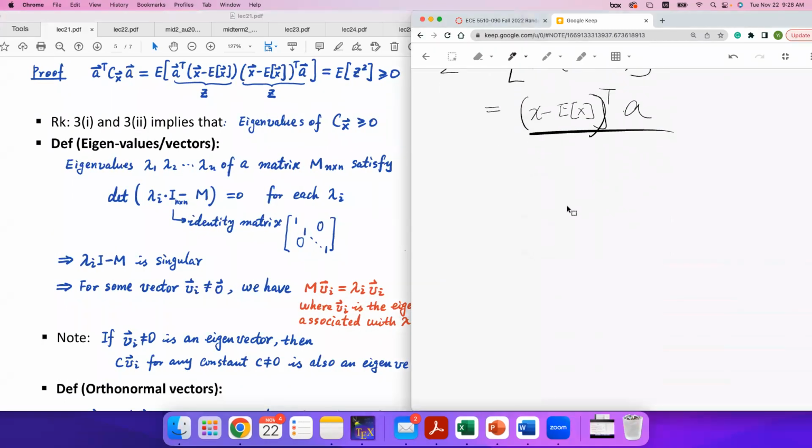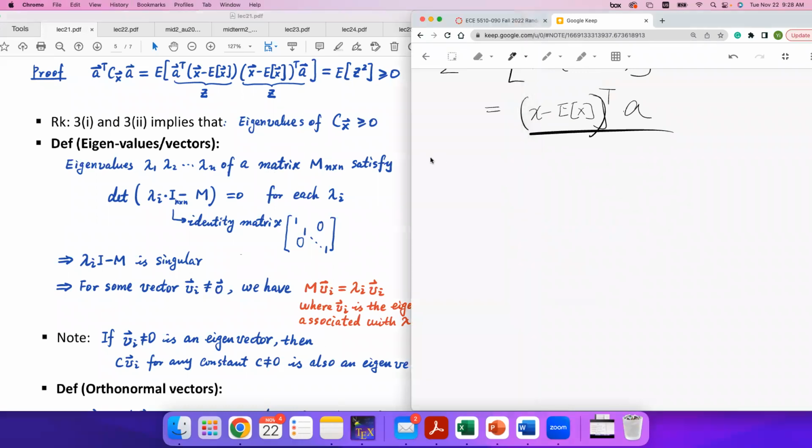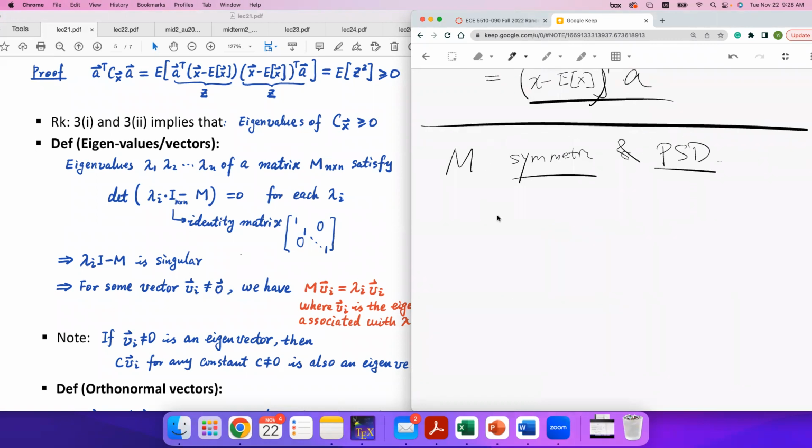So basically, suppose a matrix M is symmetric and positive semi-definite. We can define the eigenvalues and eigenvectors by this equation.